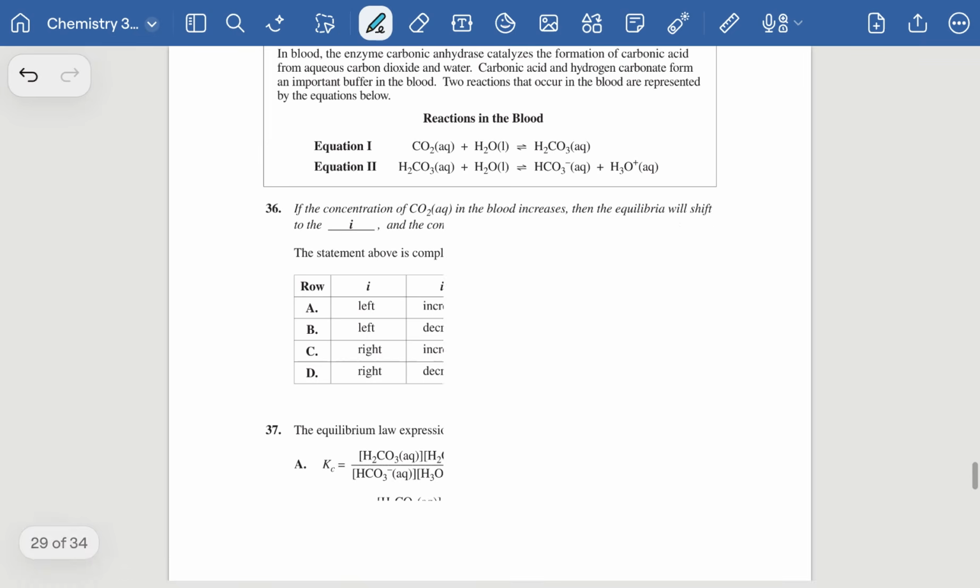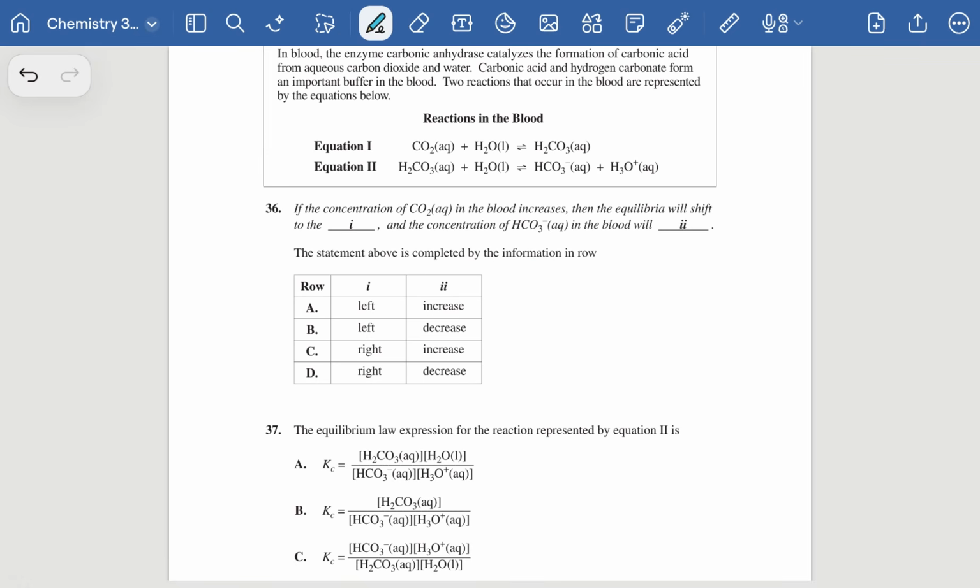So going to our next one, we have our 2 reactions, and it asks if you increased CO2, because these equations are related, increasing this, you're going to get more product. If this continues to react, right, we would have more of it. So you would get more product. So when it asks about the concentration of HCO3 negative, it is going to increase and everything is getting shifted to the right.